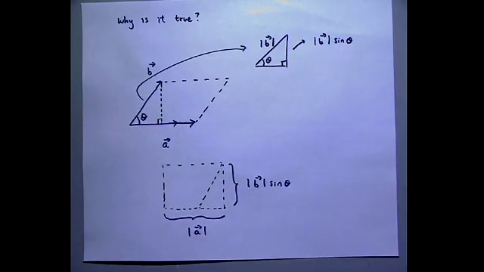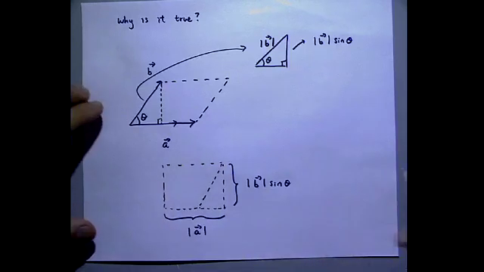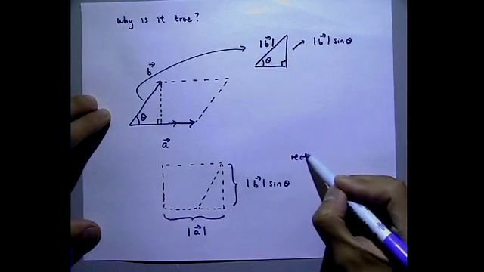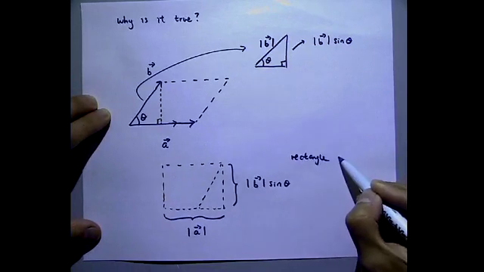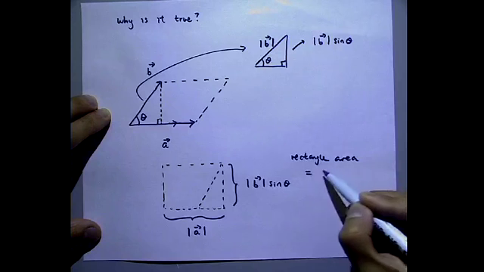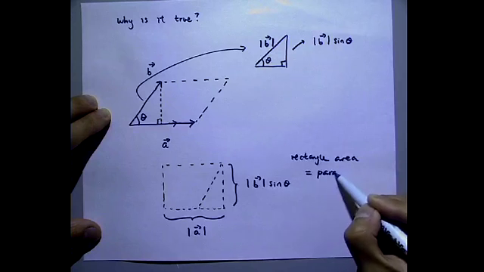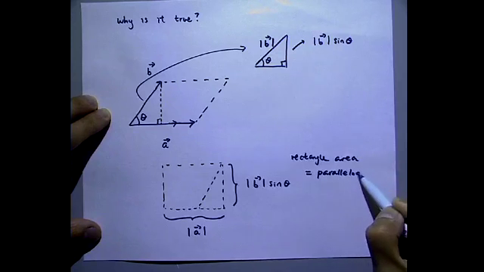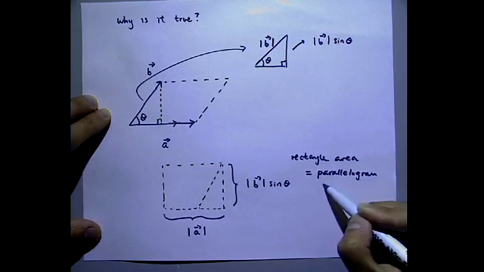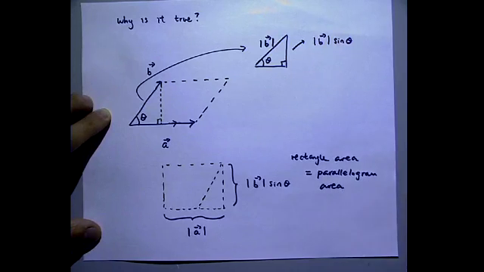And so you can see we can rearrange that parallelogram by chopping off the triangle from one side and putting it on the other side to make it a rectangle. Obviously, the rectangle area must be equal to the parallelogram area. We haven't taken anything away.